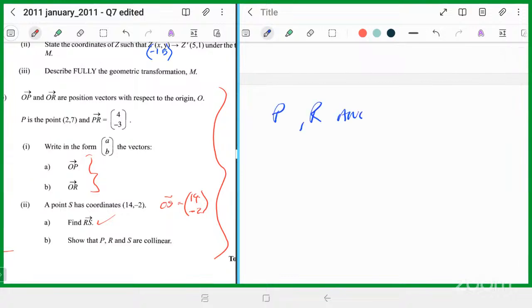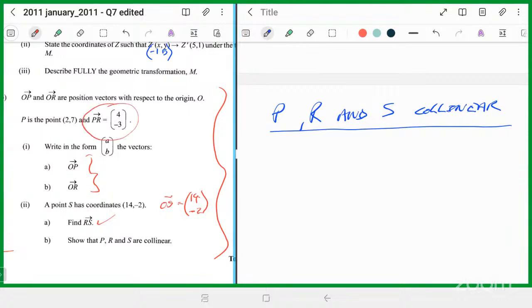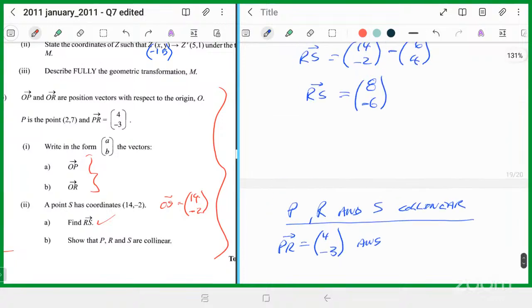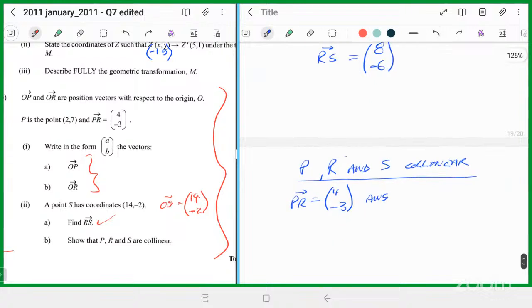Do we have them yet? Yes, we have PR, they gave us PR, which is 4, -3. You need another one with the S in it. They asked us for RS, and RS is 8, -6.